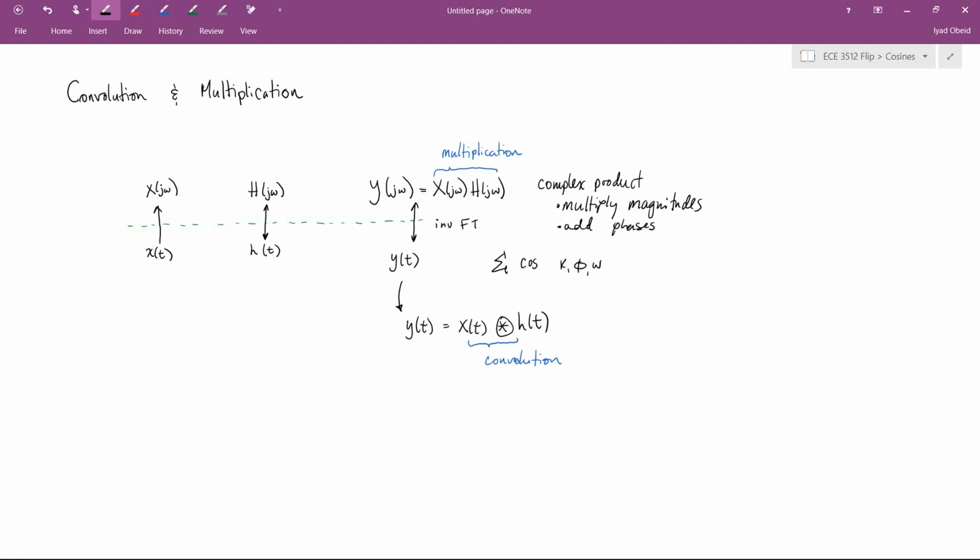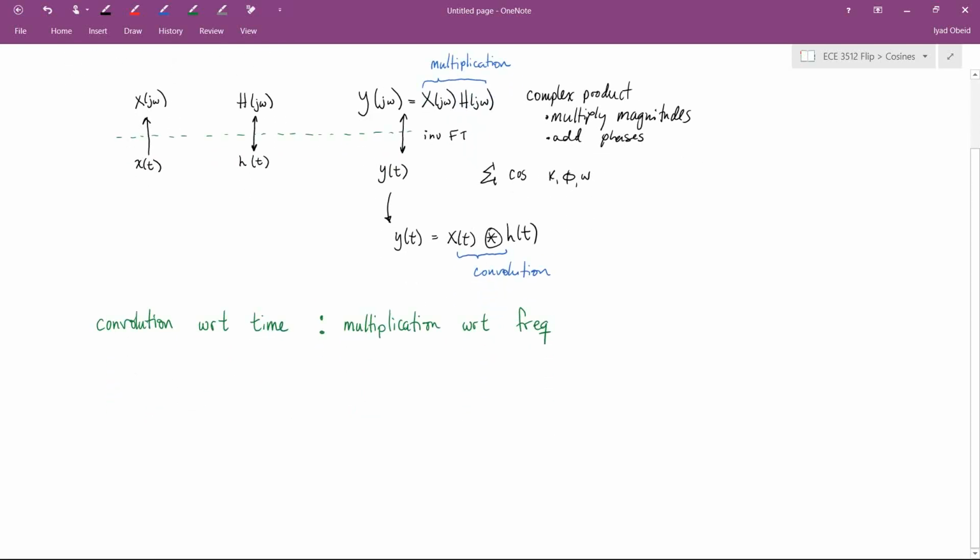Essentially what we've learned is that if you do convolution with respect to time, then the equivalent operation in the frequency space is multiplication. So multiplication with respect to frequency.